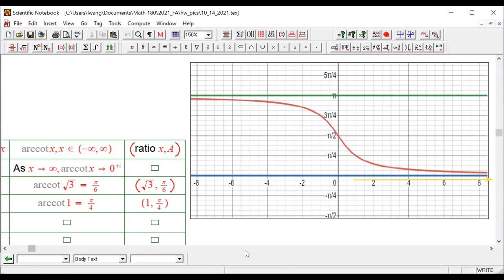And the other direction, you know what to do?